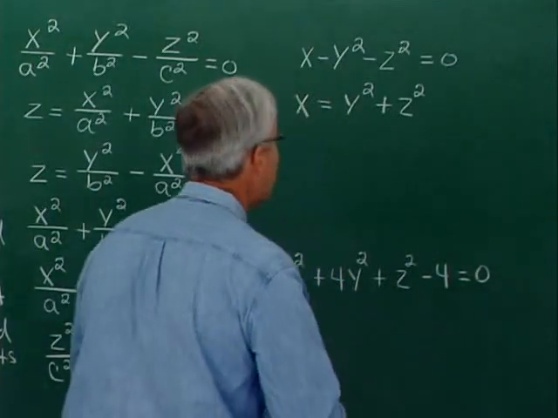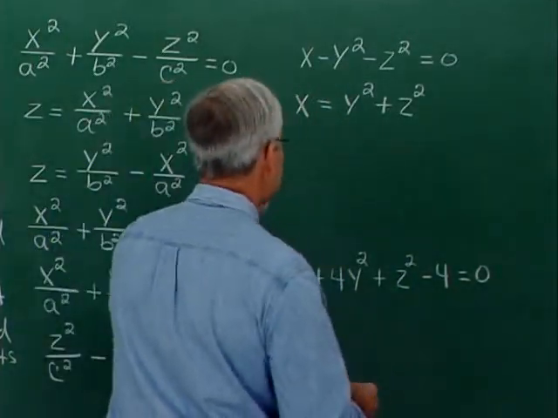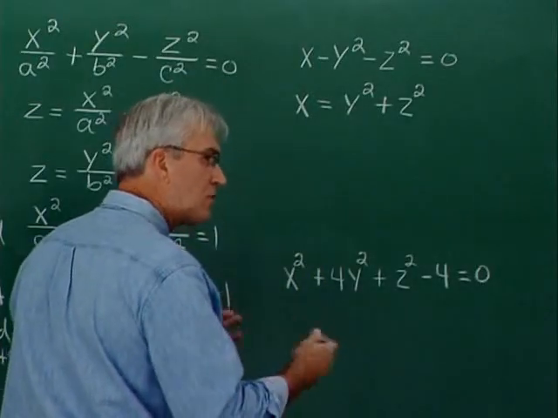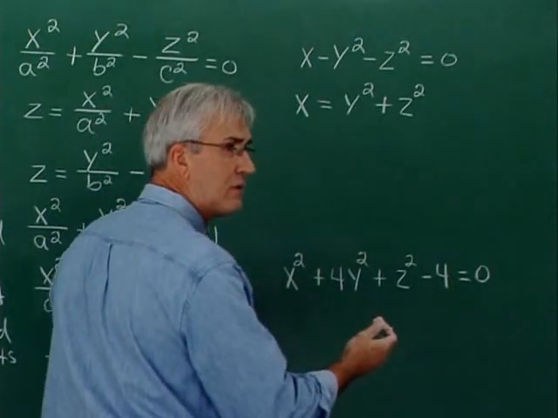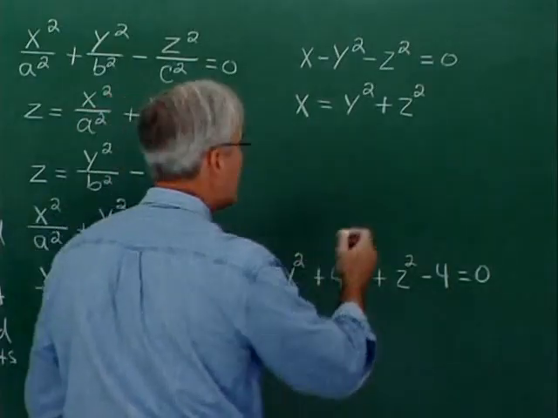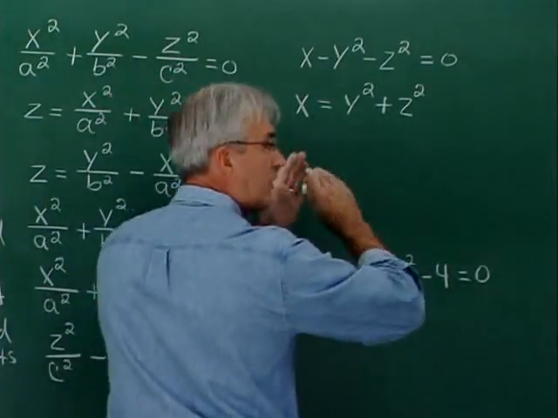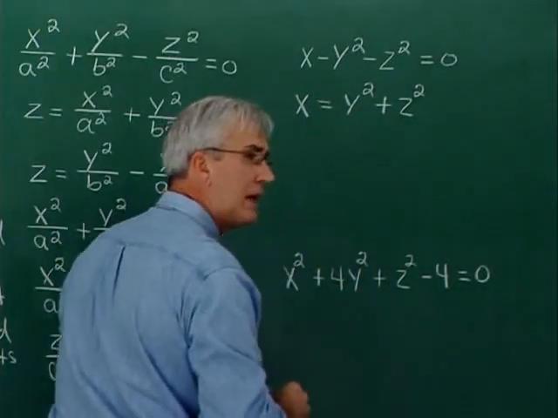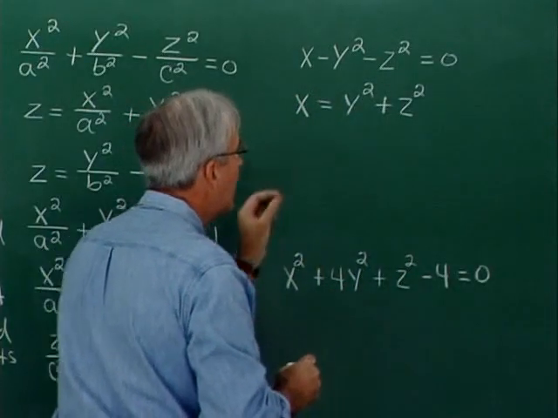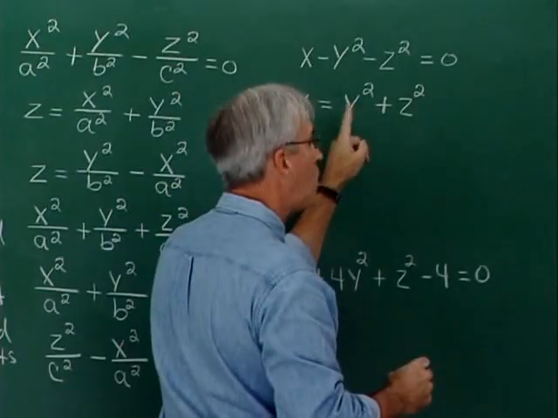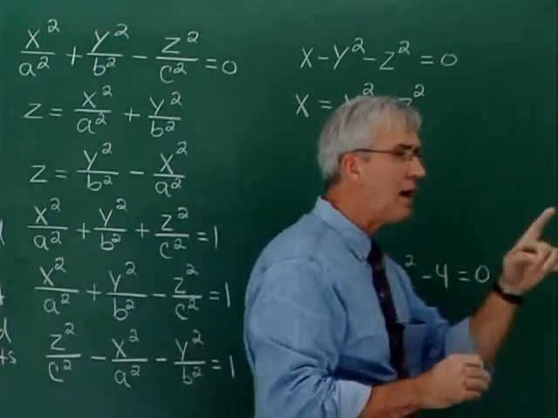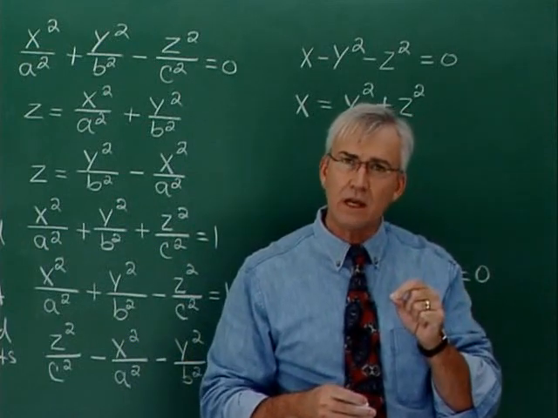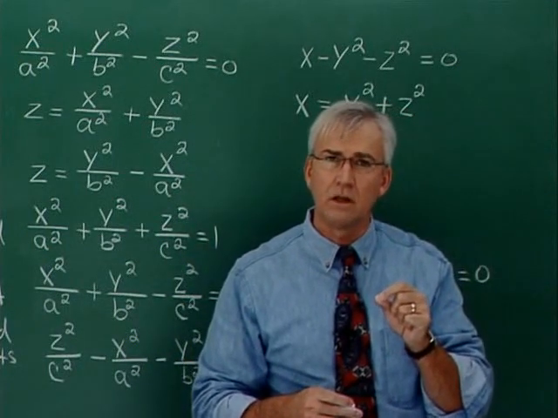But we can answer questions like, what is the xy trace? Now, the xy trace, remember this idea of trace from the last section, is the intersection of this graph with the xy plane. And every point in the xy plane has the characteristic that the z coordinate is 0.